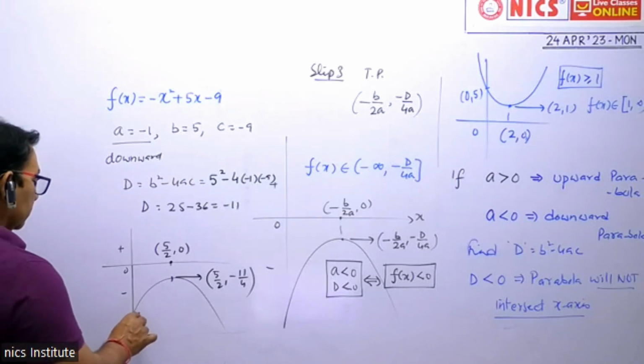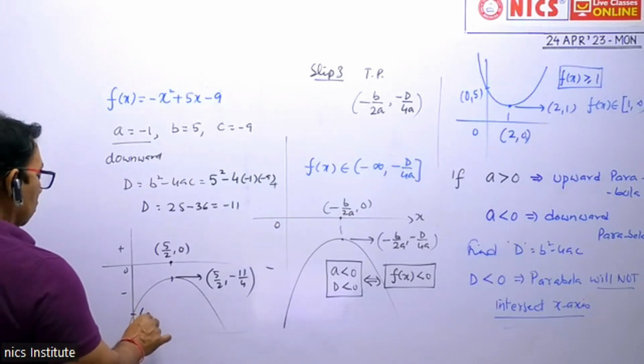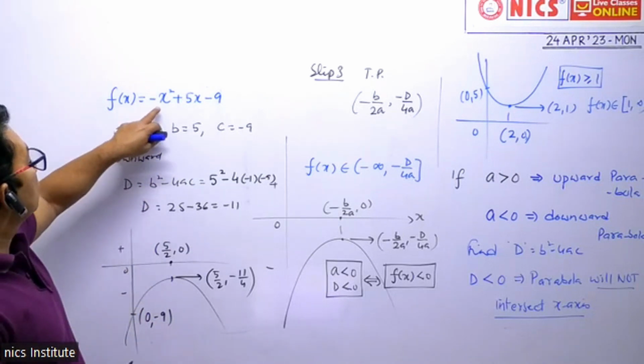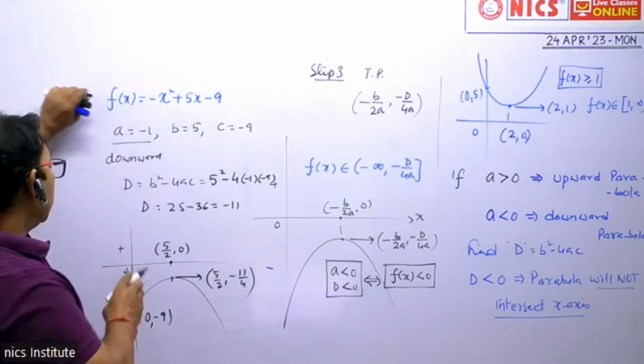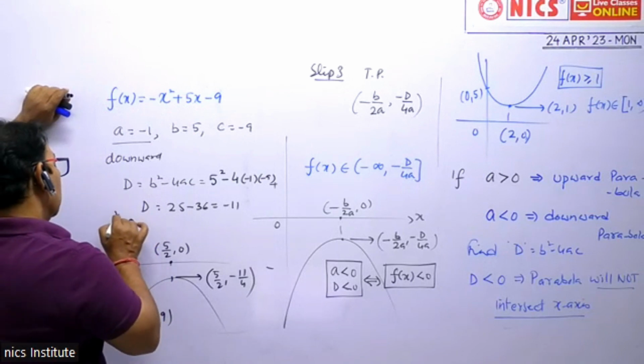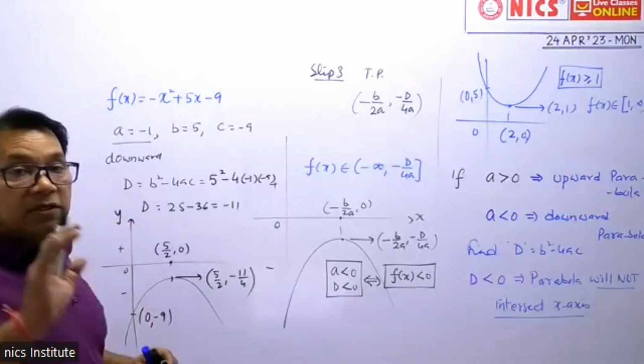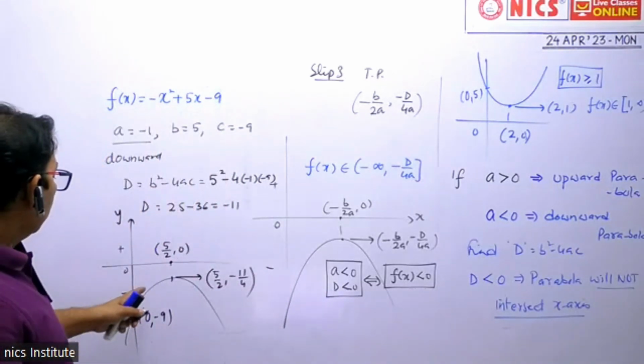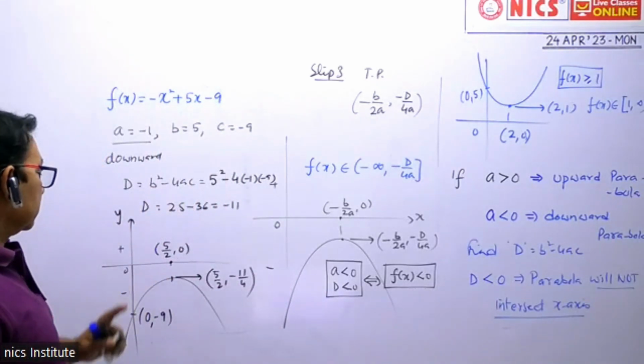This point is 0 comma minus. Do you know how we get this point? By substituting x equal to 0. On the y-axis, x is always 0. So when you substitute x equal to 0, you get the value of y, or the point where the graph intersects the y-axis.